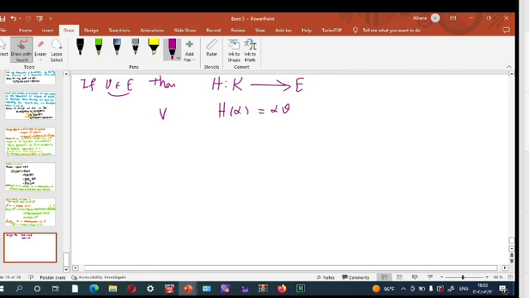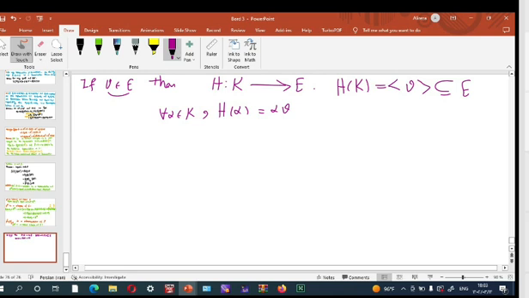This is for any alpha in our scalar field, we define this. Then h of K is a one-dimensional space in E. This is the vector space generated by one element V, okay?